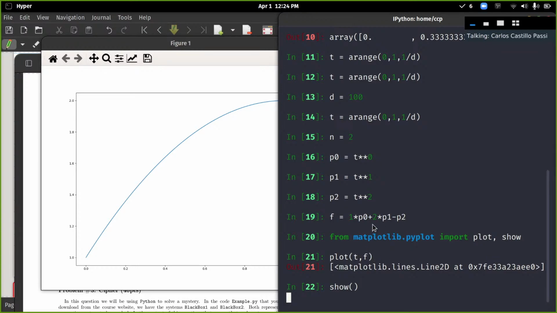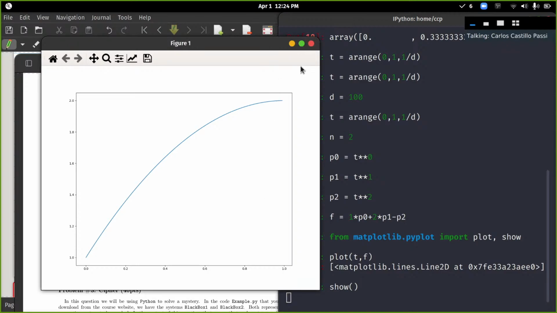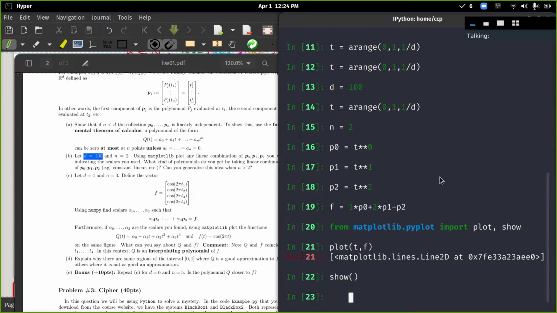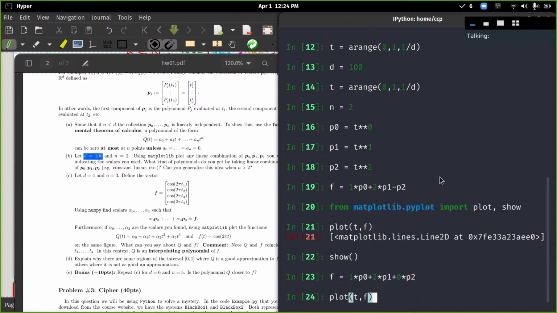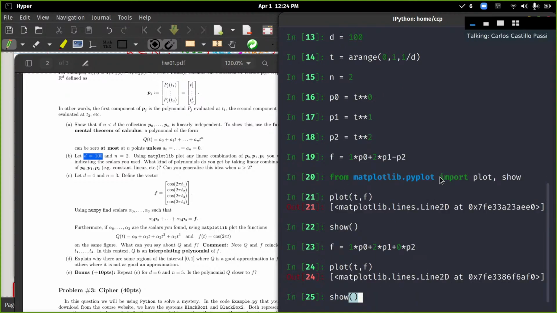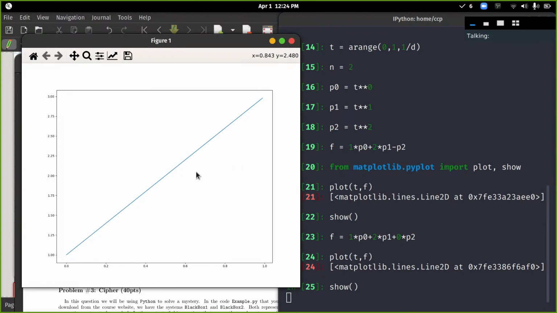But what happens if, for example, we do a 0 here, instead of minus 1, plus 0 times p2? When we do this, the polynomial is a straight line with an offset. It's not starting from 0, it's starting from 1.